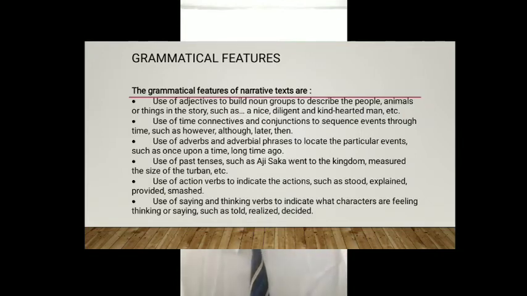Yeah, as you can see on the screen, there are many things in the grammatical features of narrative texts. Okay, the first is using adjectives to build noun groups to describe the people, animals, or things in the story, such as nice, diligent, and kind-hearted man, and etc. Something like that.